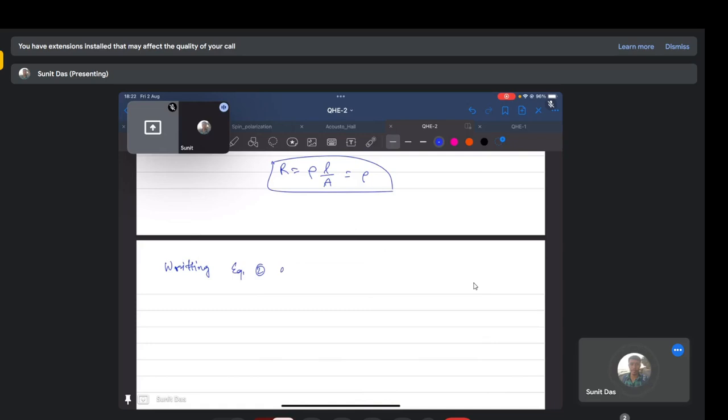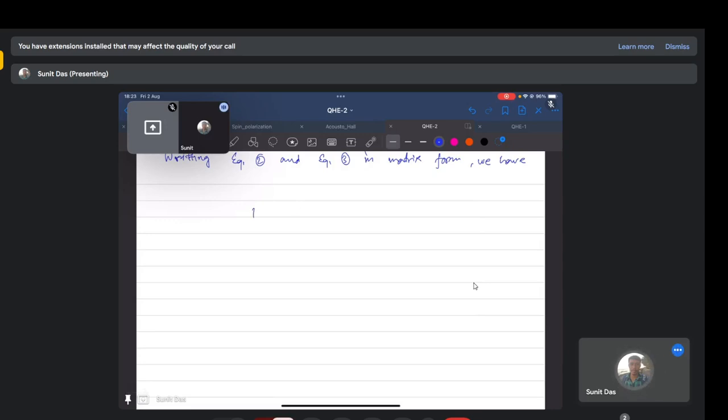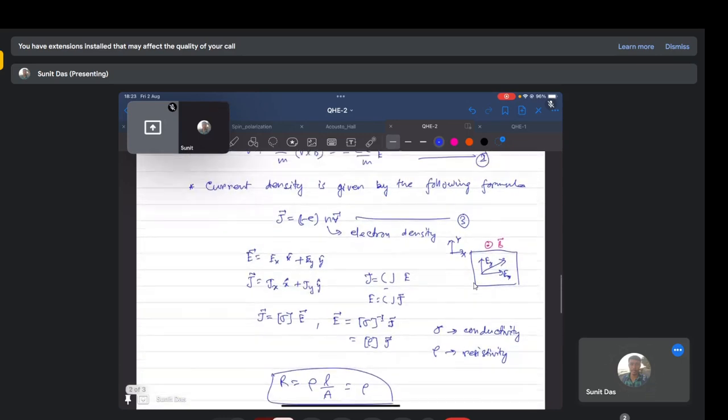Writing equation 2 and equation 3 in matrix form, we have this matrix with omega_B tau, minus omega_B tau, 1, and this will multiply J, equal to e squared n tau by m times the electric field. Okay.